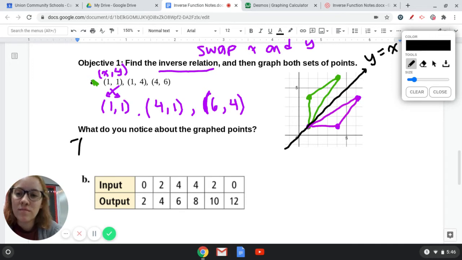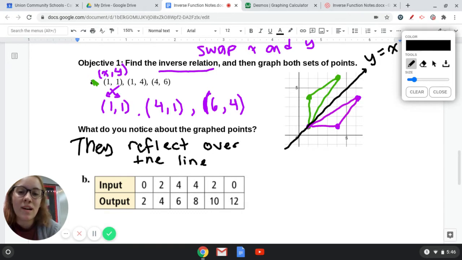They reflect over the line y equals x. And that's what's special about inverses. They'll reflect over this diagonal line y equals x.